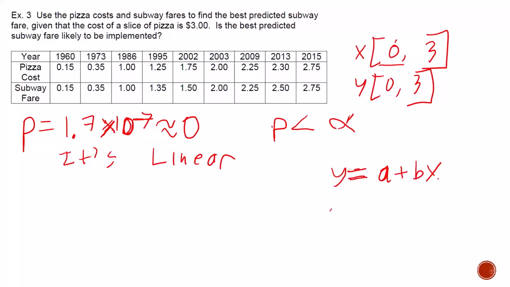All right, so we find out that A is negative 0.0, roughly, right? So our equation then is negative.